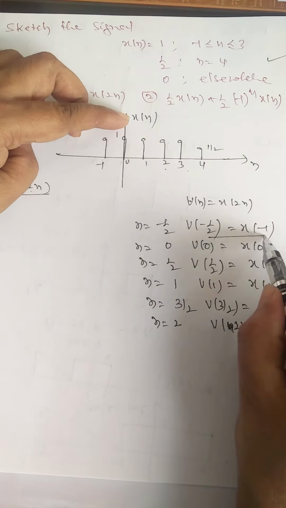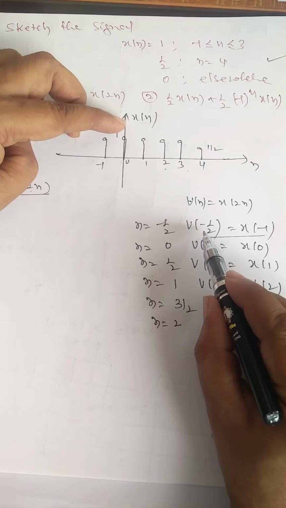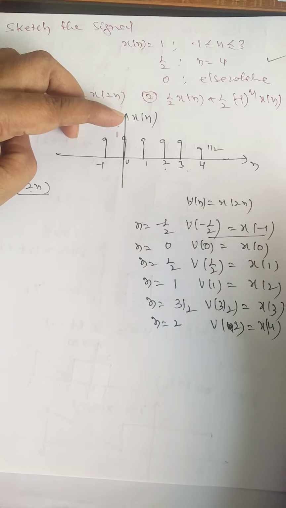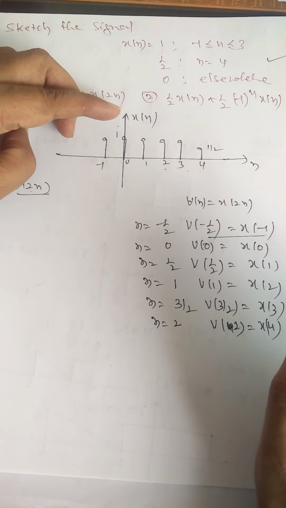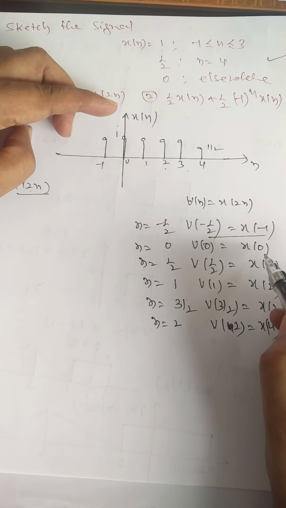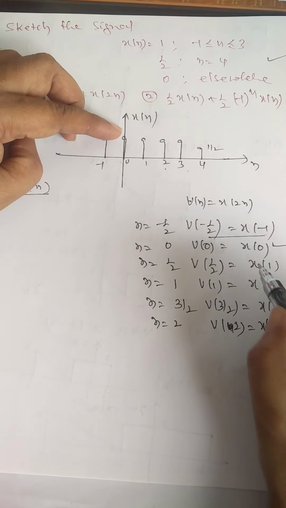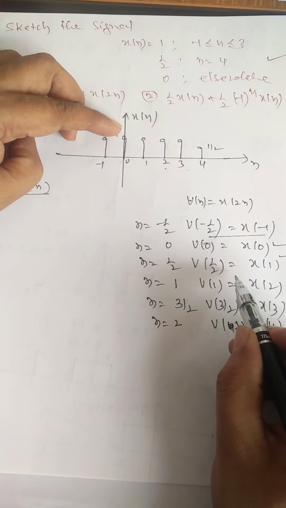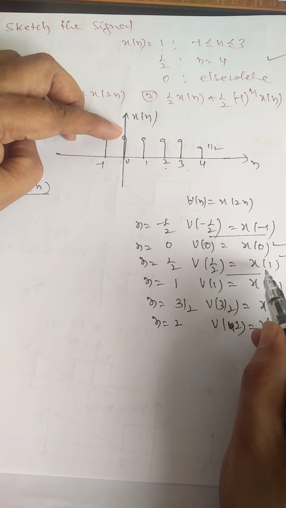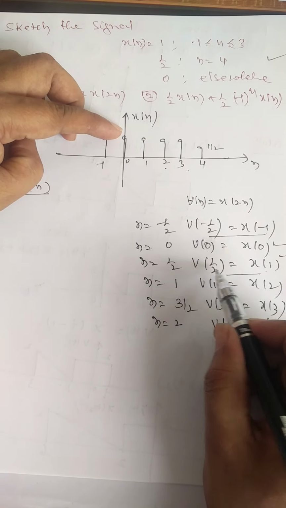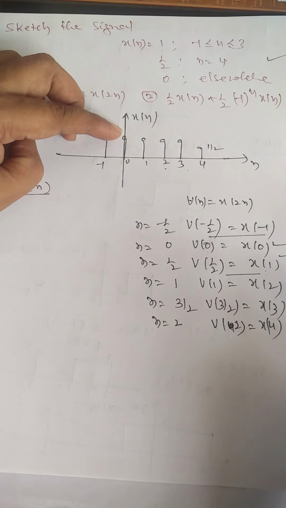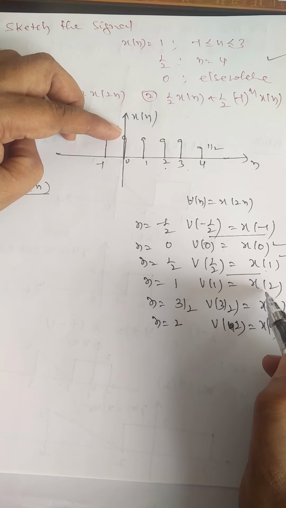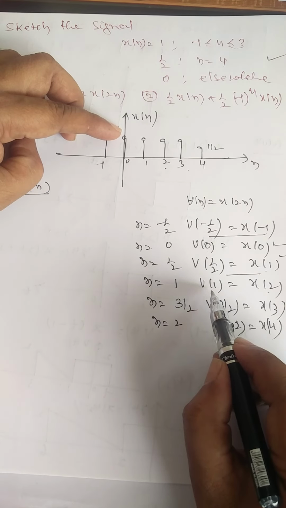You cannot map x of minus 1 because it comes at v of minus 1 by 2, and since that is a fractional point, the discrete time signal does not exist there. X of 0 can be mapped at v of 0. X of 1 cannot be mapped because it should map at 1 by 2, which is not an integer. X of 2 can be mapped at 1.